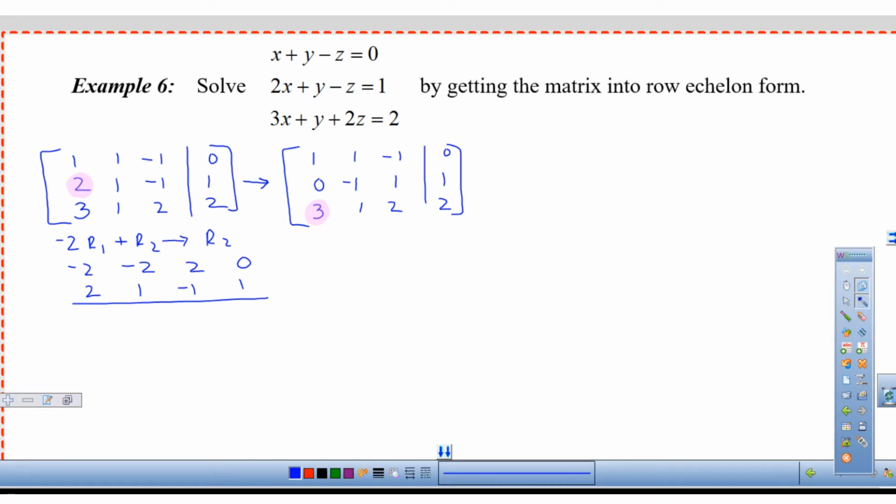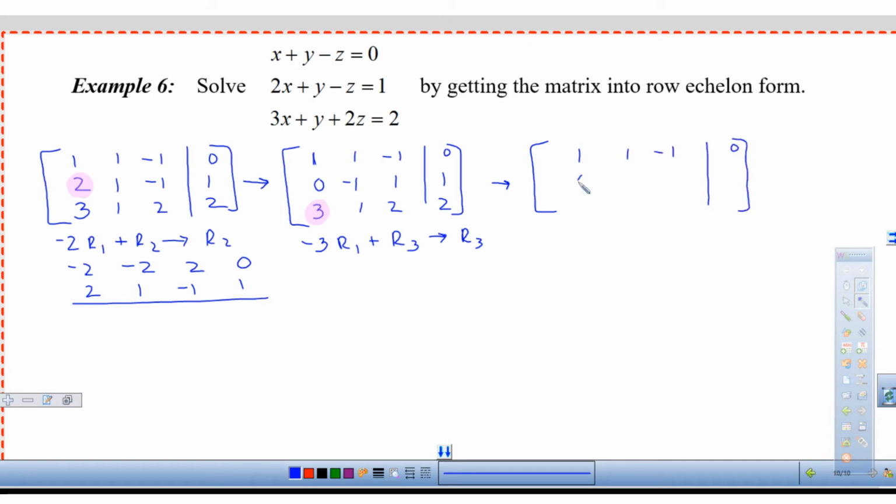Now I need to turn this into a 0. Well, that's easy. Take the 1 and multiply it by -3. So it's going to be -3 times row 1 added to row 3 becomes my new, tell me everybody, row 3. Okay, so row 1 is not going to change.